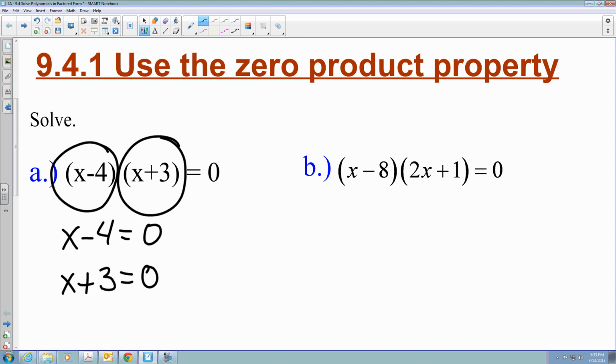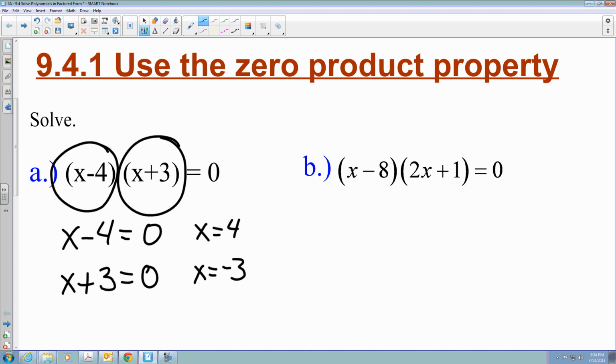So we just use our algebra from way back when, and then I know that here x equals 4, and on this equation x would equal a negative 3. And so it doesn't matter if x is 4 or negative 3, we're still going to get a result of 0. It just depends on which parentheses become 0.